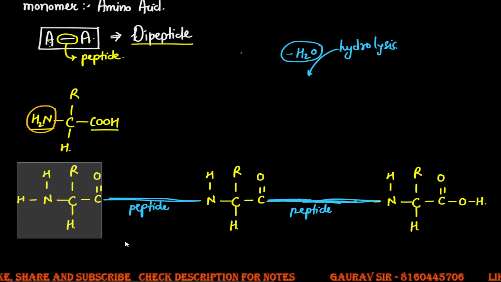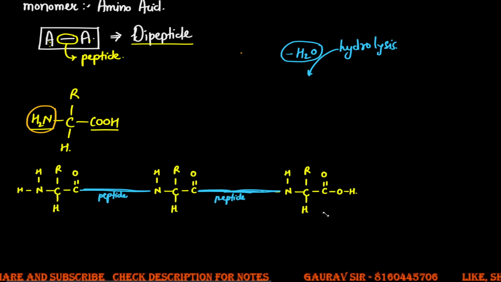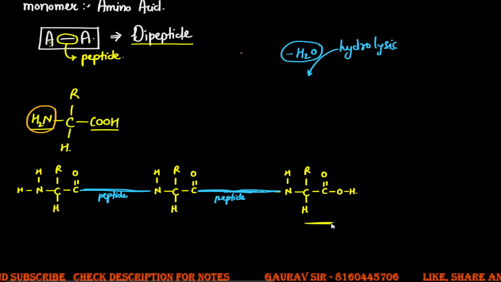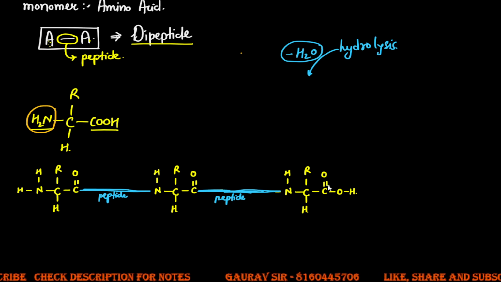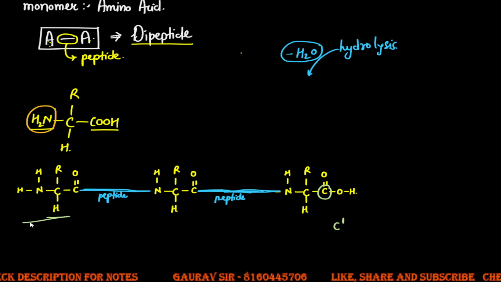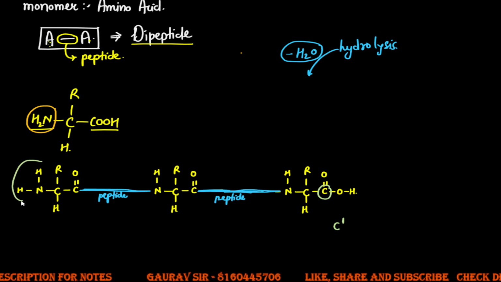Now, if I zoom this out, I would want you to understand that for this amino acid, the new bond, if at all it is to be formed, will be formed on this carbon. So this free carboxylic group is termed C prime. For this particular amino acid, the new bond will be formed on the amino group.